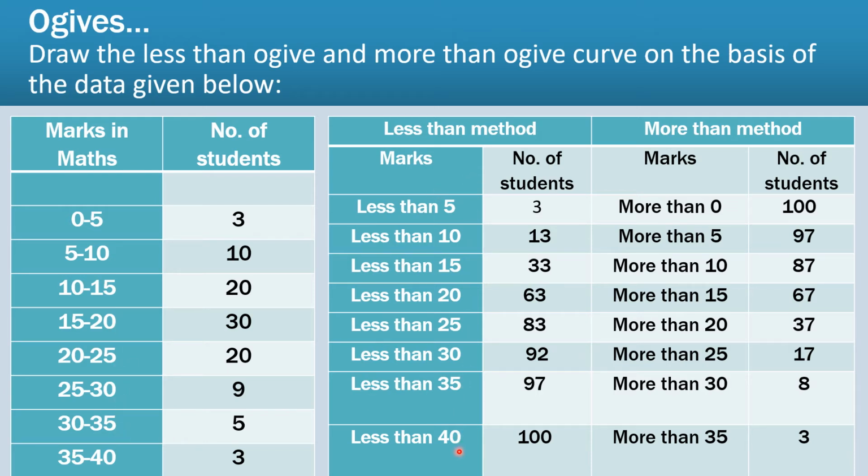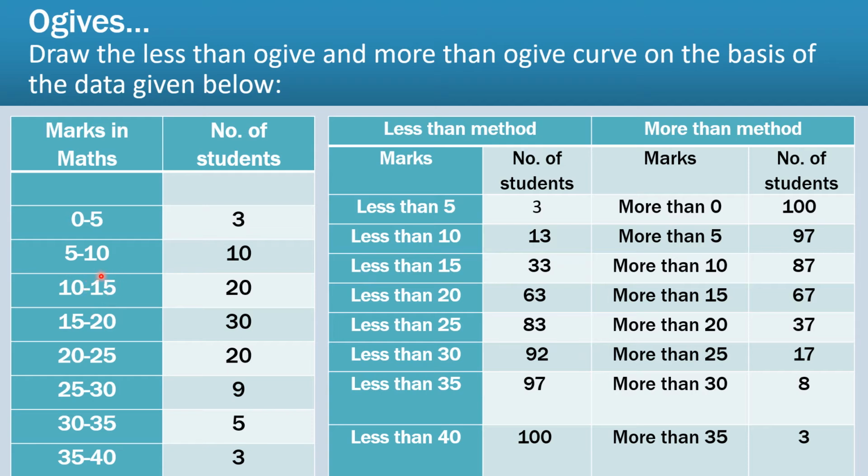And so how do we derive how many students get less than 5? Obviously, from 0 to 5, the number of students is 3. So less than 5, the number of students is 3. Less than 10 would be all the students getting 5 to 10 as well as 0 to 5. So we have to add 10 to 3, which gives us 13.